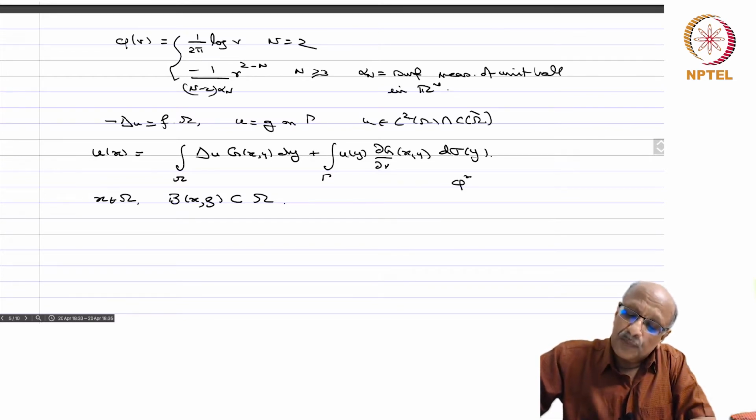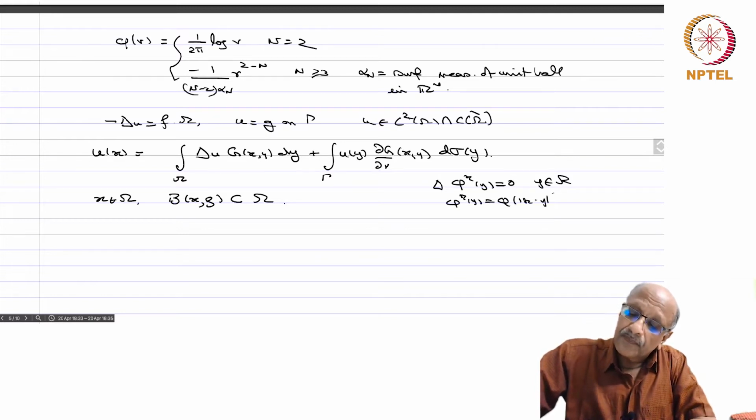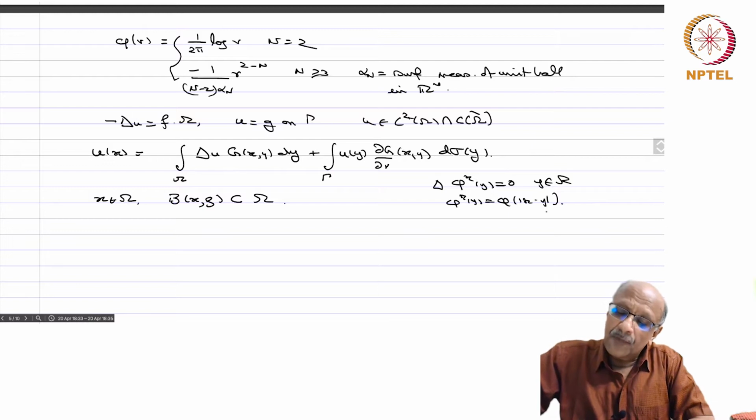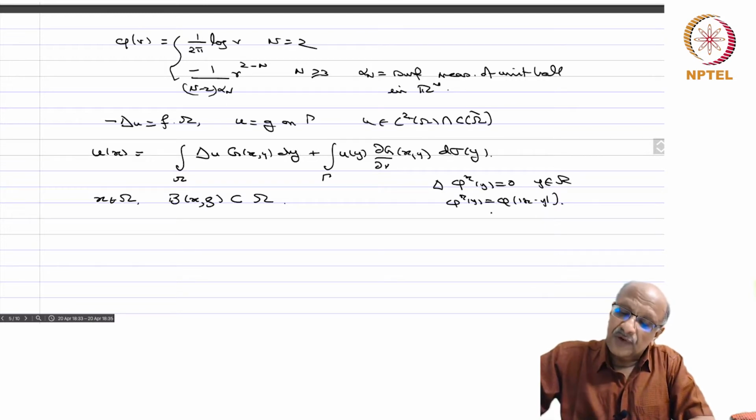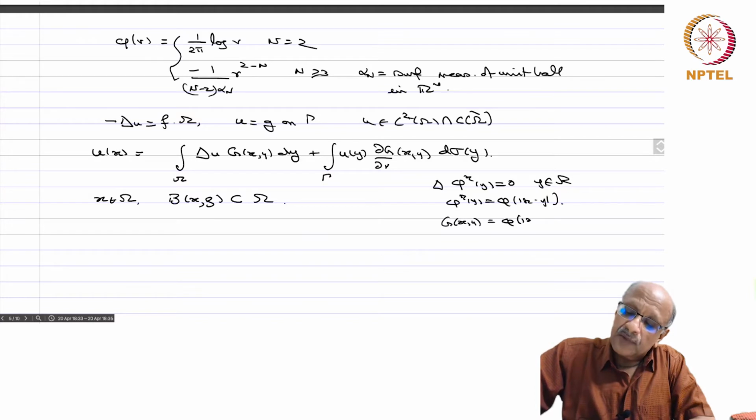We defined phi super x of y, with delta phi super x of y equal to 0, y in omega, and phi super x of y is phi of mod x minus y. Now phi of mod x minus y, if you are in B(x, rho), is nothing but phi of rho. So this is just phi of rho, and the Green's function equals phi of mod x minus y minus phi of rho.